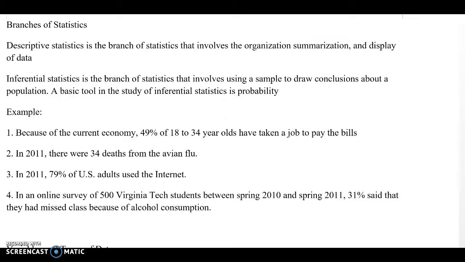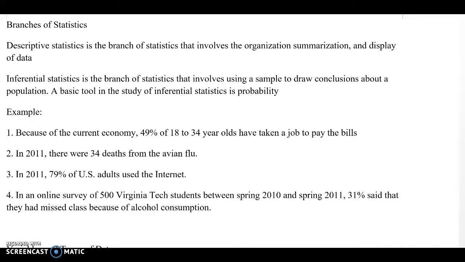Next, branches of statistics. The two types of statistics are more general. The first one is descriptive statistics. The second one is inferential statistics. Descriptive statistics is the branch of statistics that involves the organization, summarization, and display of data.